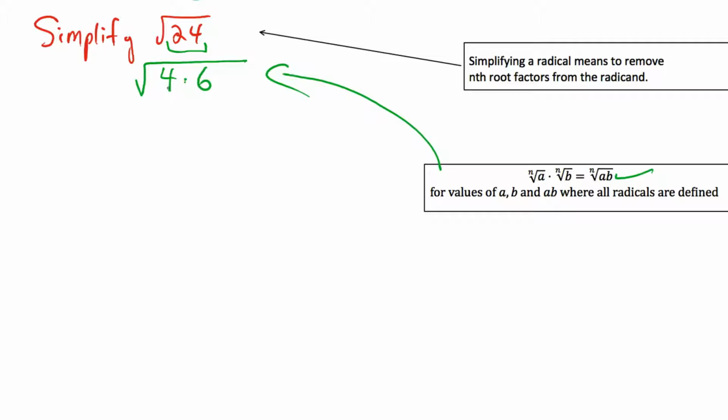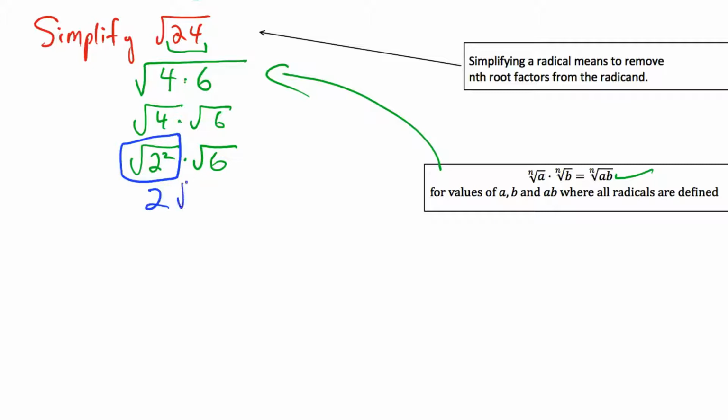So we can break our radical expression up into root 4 times root 6. And remember, root 4 is 2 squared. That's why it's a perfect square. And then we can apply the inverse principle we talked about at the beginning. The square root of 2 squared will just be 2. And that'll multiply that 2 by root 6 for our final answer.